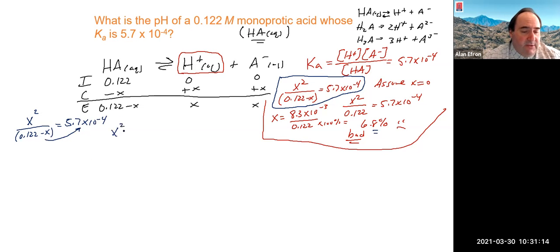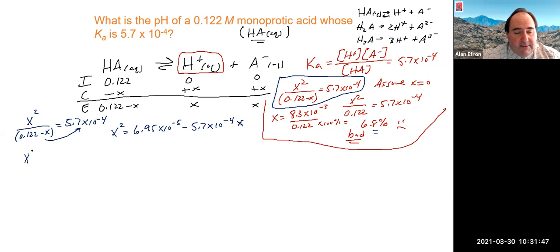That's going to give us x squared is equal to 6.95 times 10 to the minus 5, so I don't have so many zeros, minus 5.7 times 10 to the minus 4x, bringing everybody to the left-hand side so everybody's on the same side there.